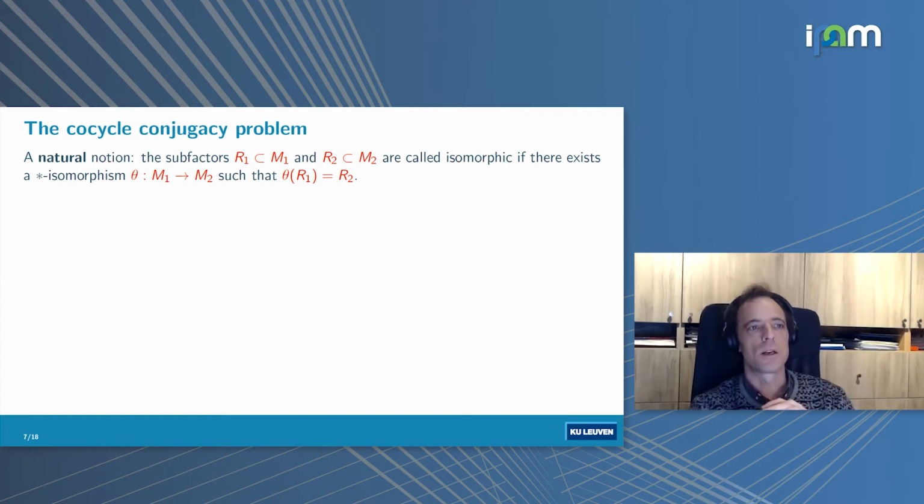It looks a bit weird if you see the definition for the first time, but again, it has a very natural context, because when we rather view cross-product inclusions, or in general just subfactors, any inclusion of II_1 factors, there we all agree, I think, that there is a very natural notion of isomorphism, namely the two inclusions are isomorphic if you find an isomorphism between the large algebras, sending the subalgebra of one onto the other.